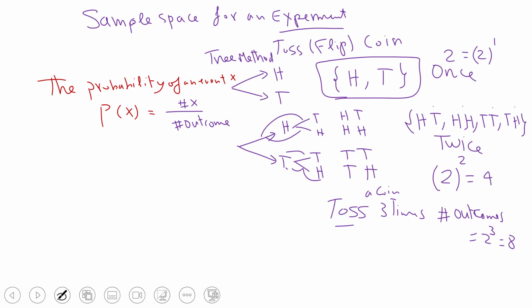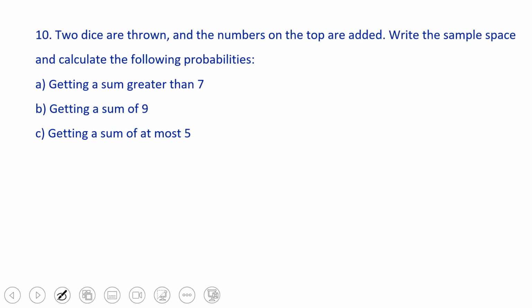So if you have done the coin once, the probability of head equals the probability of tail equals 1 over 2.